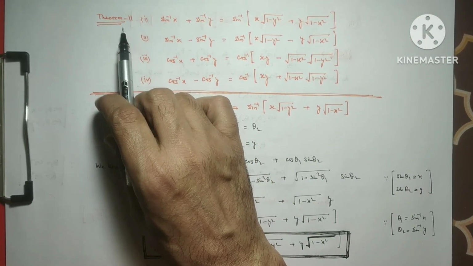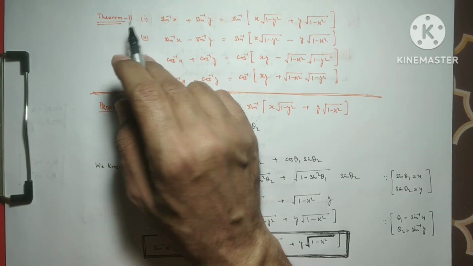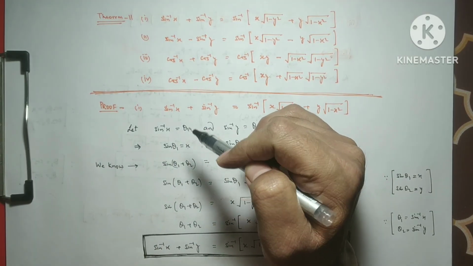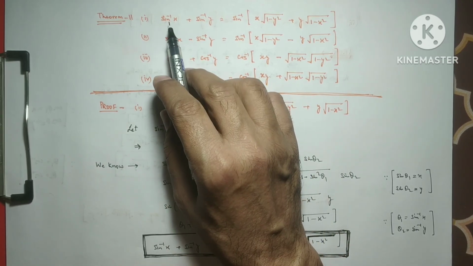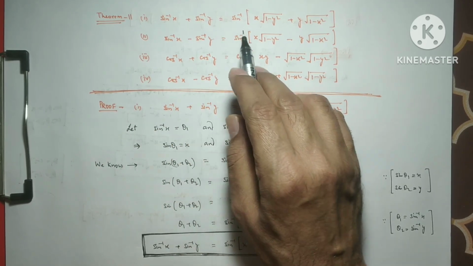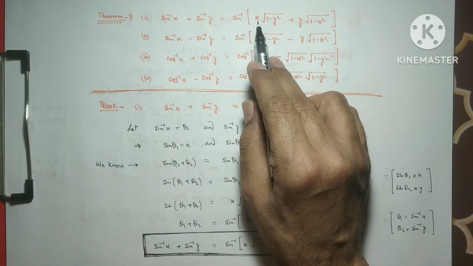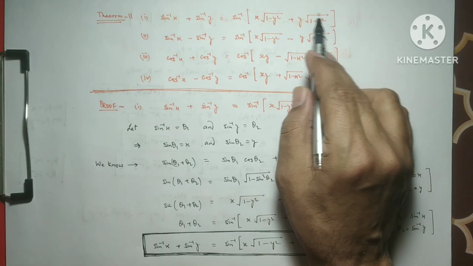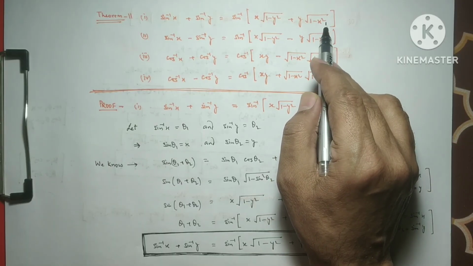Now the next theorem, theorem number 11, and in this we have 4 results. The first result is sine inverse x plus sine inverse y equals sine inverse of x into under root 1 minus y square plus y into under root 1 minus x square.